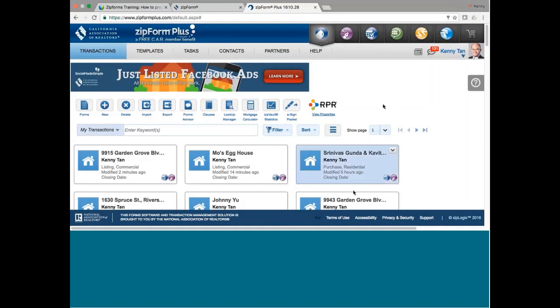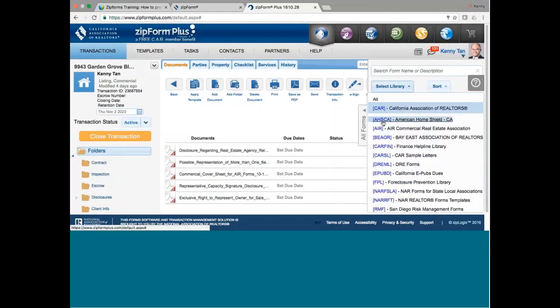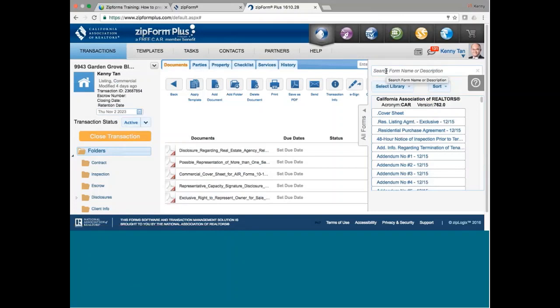Now, let's say I do an open listing. They actually do have open listings, if I'm not mistaken, on the CAR form anyway, so I gotta use the CAR form. Not for the AIR form. AIR form, they don't have open listing.